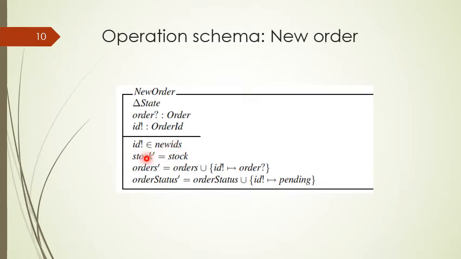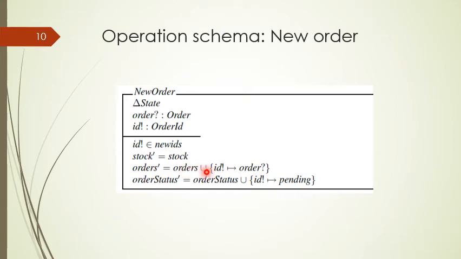And there would be no change in stock state variable. Therefore stock prime is equal to stock, and you have a new order. Therefore the state variable orders would be changed, and you have to add this order in the set of orders. And you know that orders is a partial function, therefore you will add this order pair in your variable by using the union operator.